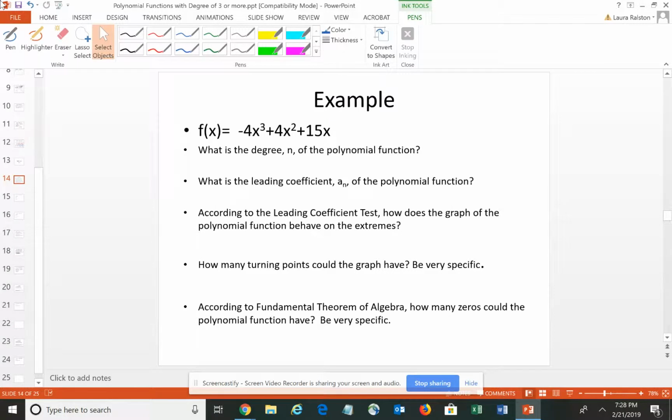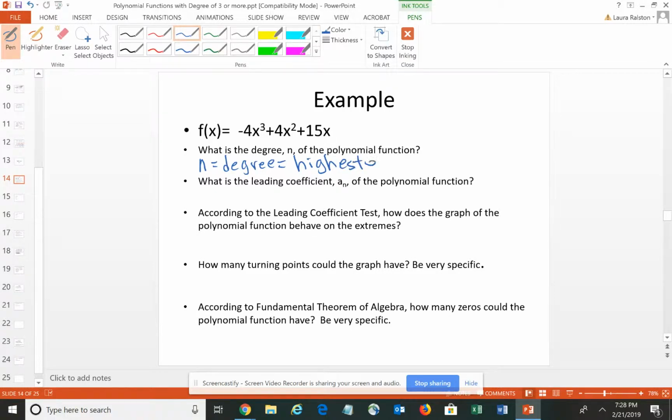We have negative 4x to the third plus 4x squared plus 15x. And so the first question says, what is the degree of the polynomial function? Well, remember, the degree corresponds to the highest exponent.